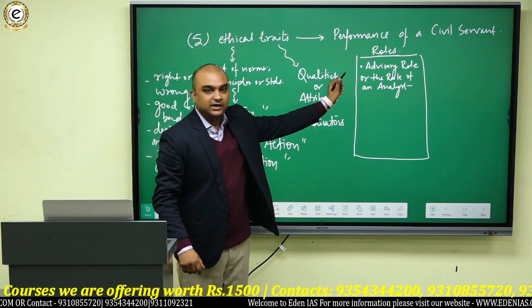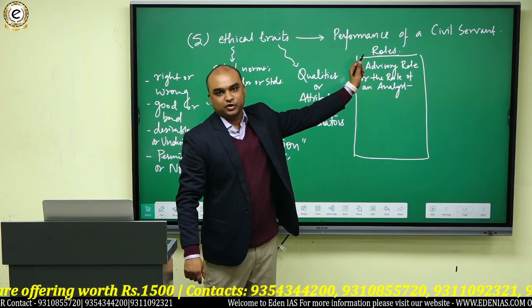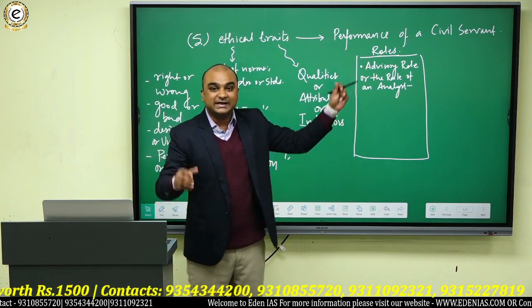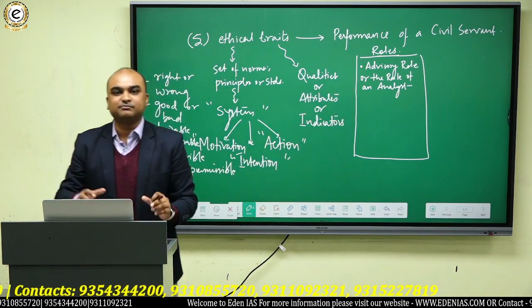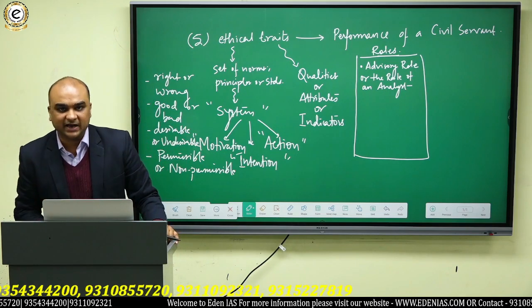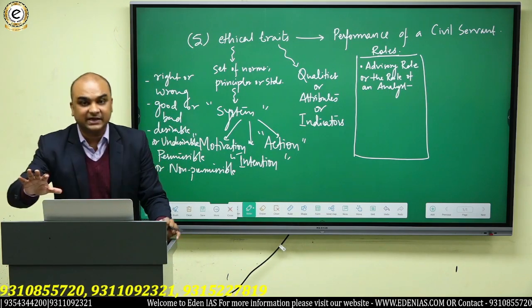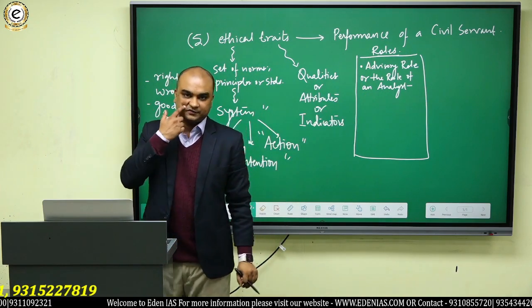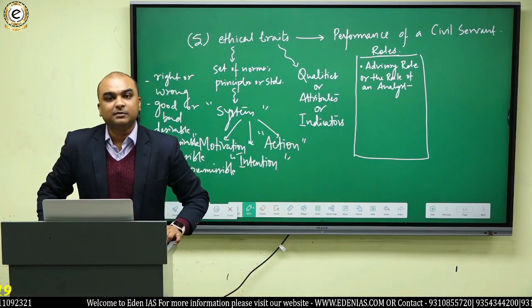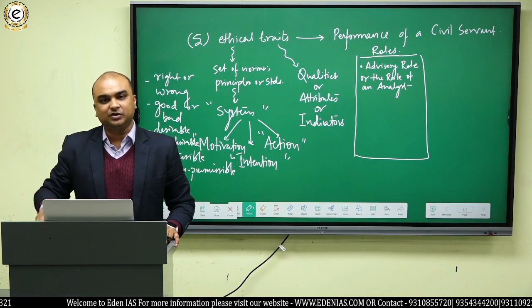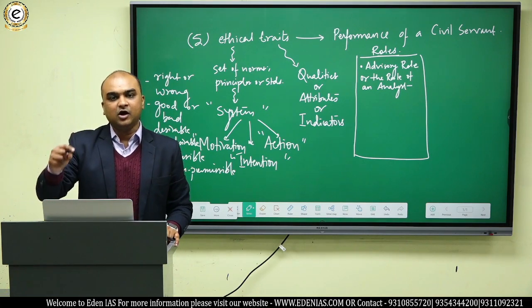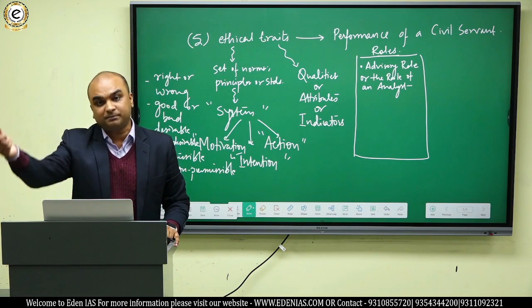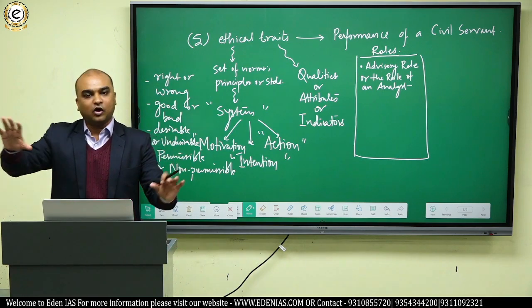They not only give advice to the political executive, but they also analyze the existing problems and challenges, and in the light of such analysis, they tender their advice to the political executive. In a democratic setup, the political executive is responsible for the formulation of the policy and is responsible to the people in the popular chamber of the legislature.